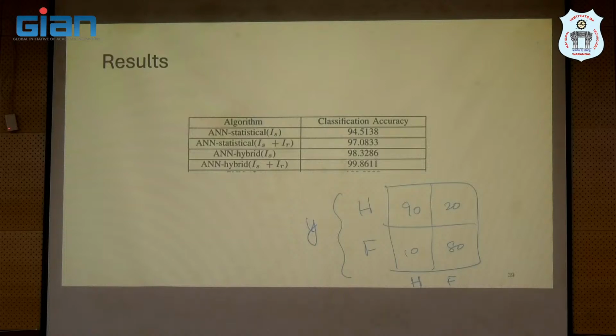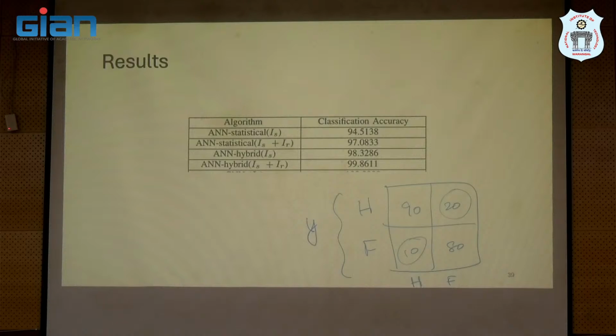So from this matrix, what we can say is 20 times I will ignore my fault, and 10 times I would have stopped my motor and checked even though there was no fault. So both are not good for us. Right? So this is how you look at confusion matrices.